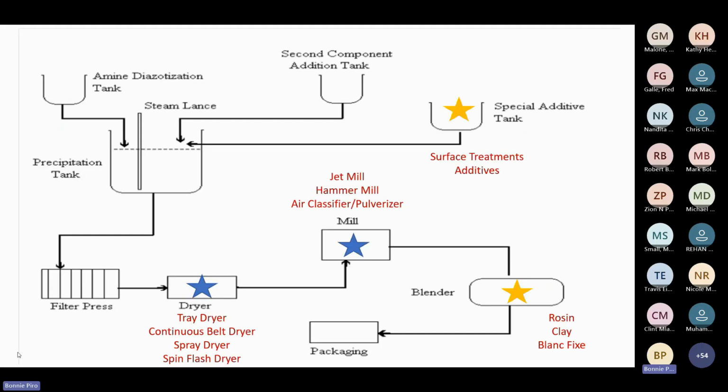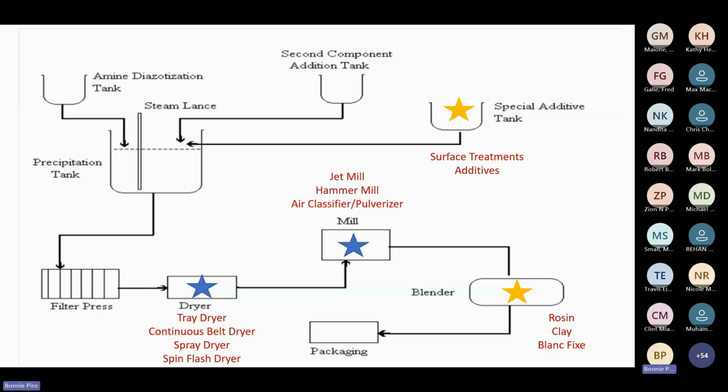So, this is a very generic process flow diagram for the synthesis of an organic pigment. In here, I just wanted to highlight the areas where finishing takes place.